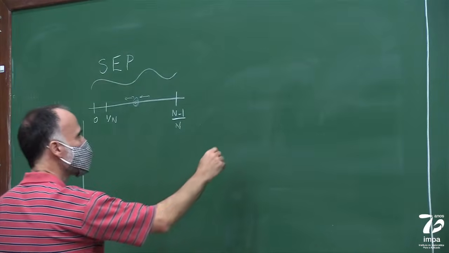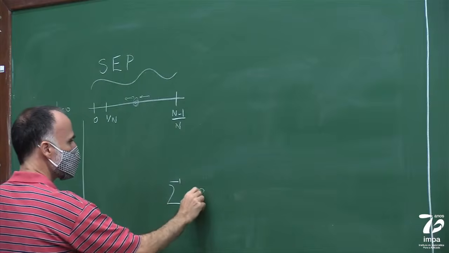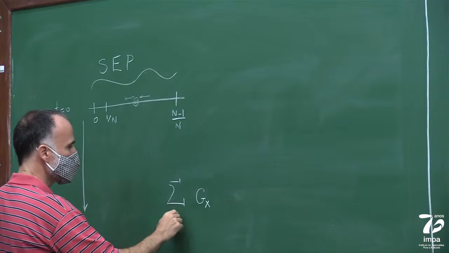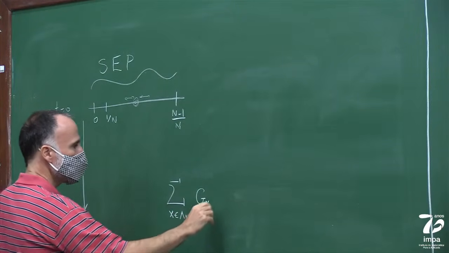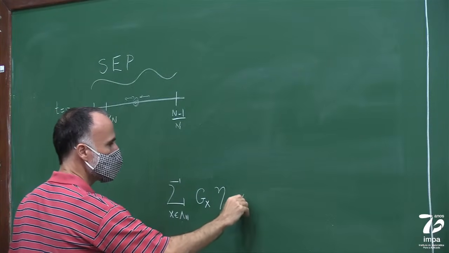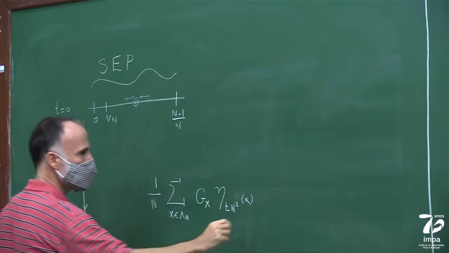So we would like to show that if I consider a function g, which is a test function, let's say a continuous function defined on the torus, and if I observe my process at time tn squared at site x, I average that over x.